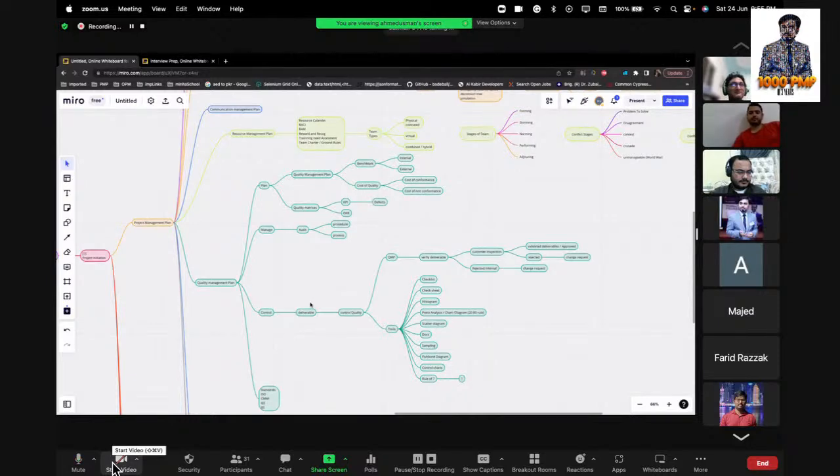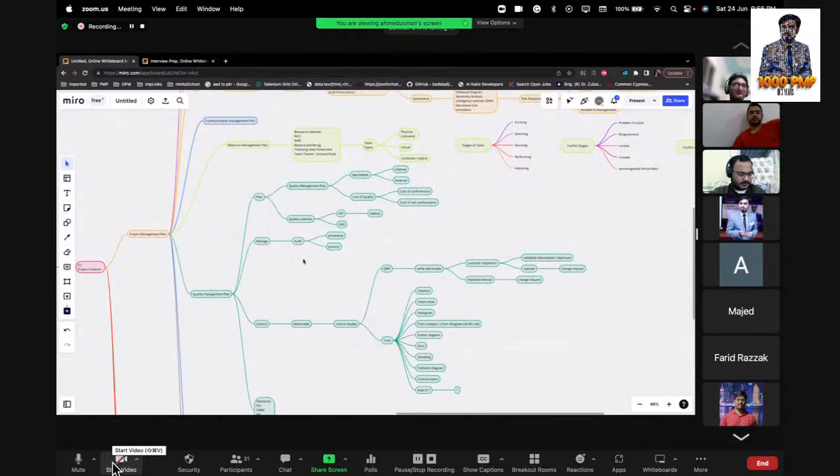Under this quality management plan, we have four segments. First is the plan. Under planning, we are doing benchmarking and cost of quality. Under benchmarking, we are doing internal and external benchmarking. Under the cost of quality, we are evaluating cost of conformance and also cost of non-conformance. For the quality metrics, we are defining the KPIs, and it depends on the defects and OKs.